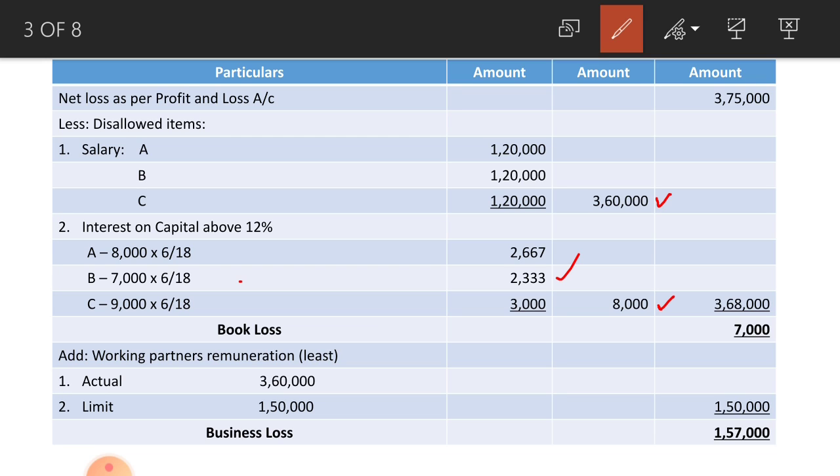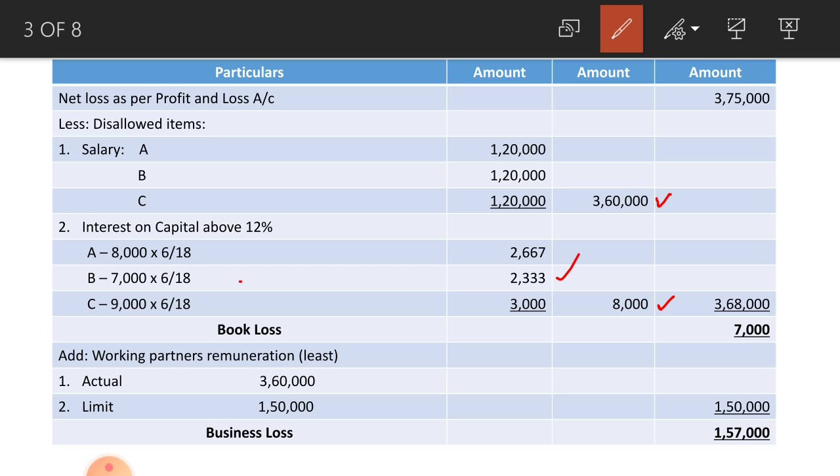To this 7,000, you have to add working partners remuneration. Least of the following you have to consider as we discussed in the previous session. So here book loss is there, working partners remuneration is again expense to the company, so you have to add that thing, that is allowable expenses.